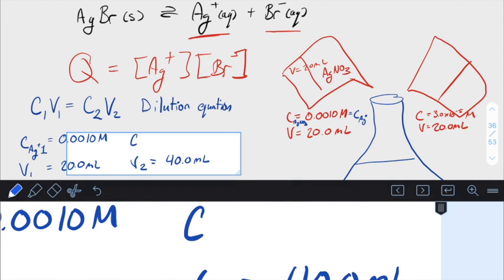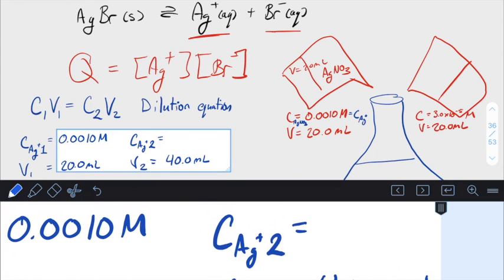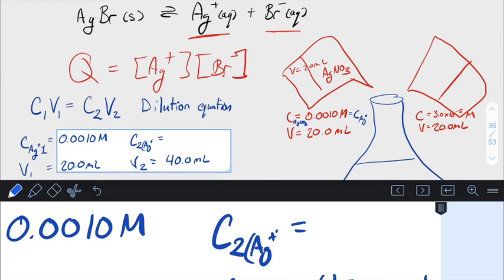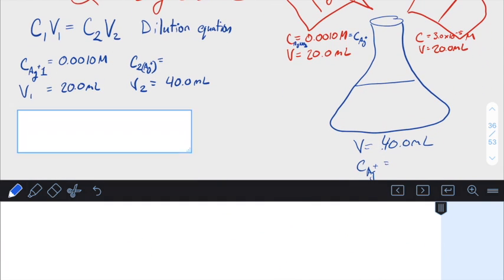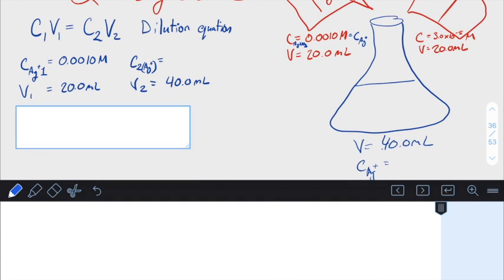So now the question is, what is silver in that second volume? So let's try concentration 2 of silver. Let's set that up into this new dilution equation.